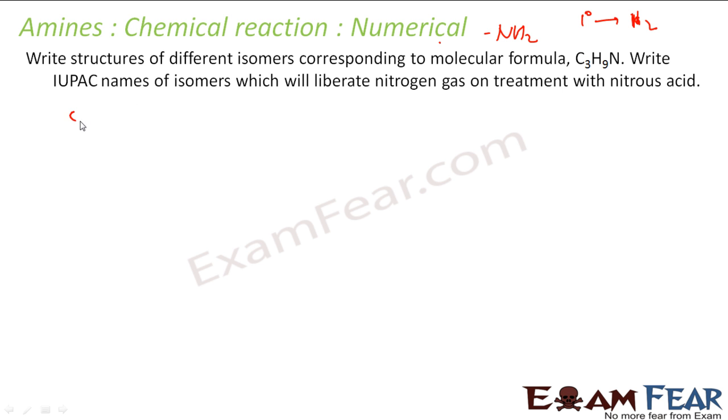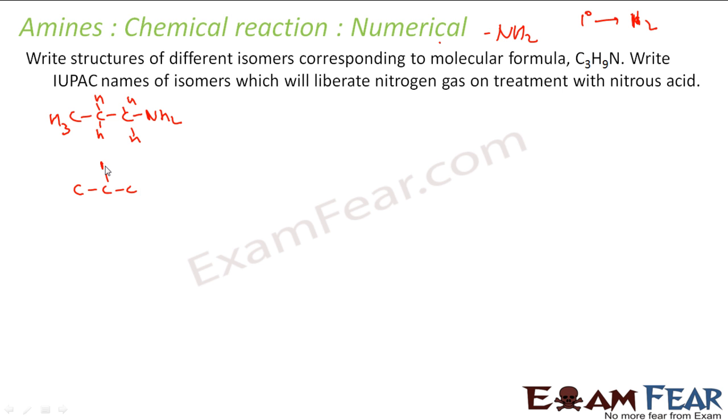So C3H9, 1, 2, 3 carbon, and then I have NH2. Let me add hydrogens. So this is my compound. How many hydrogens? 3, 4, 5, 6, 7 plus 2, 9. Yes, this is my compound. The next can be, instead of adding NH2 here, I can add NH2 here.